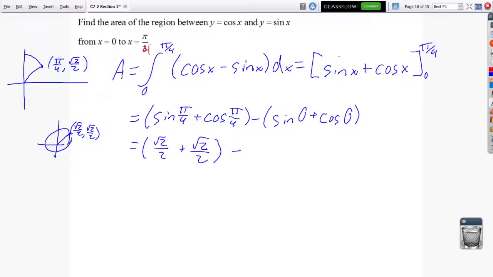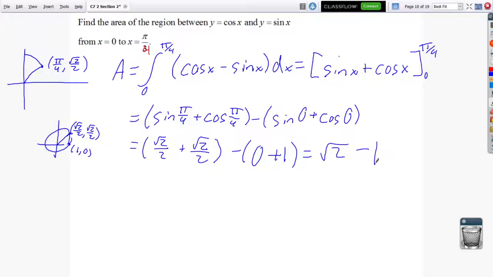Minus, 0 is down here at (1, 0), so sine of 0 is 0 and cosine of 0 is 1. Now we've got root 2 over 2 plus root 2 over 2, which is root 2, minus 0 plus 1, minus 1. So our area is equal to exactly root 2 minus 1. I would want to leave it there because that is an exact answer.